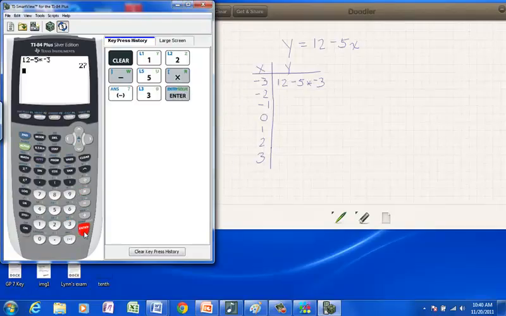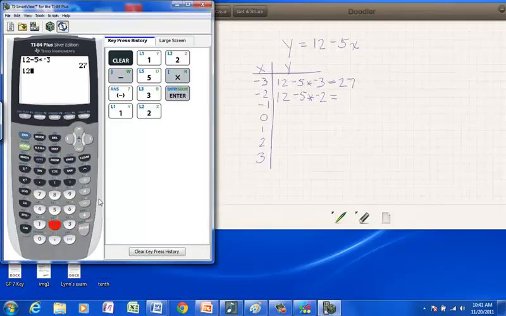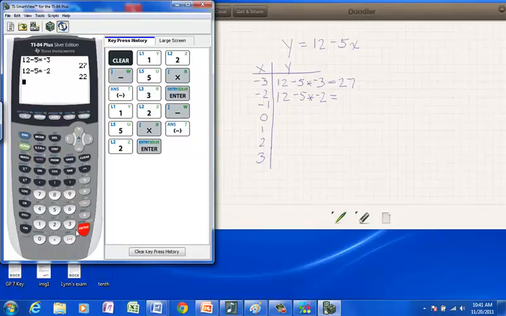So my first row is 27. And my second one is 22.